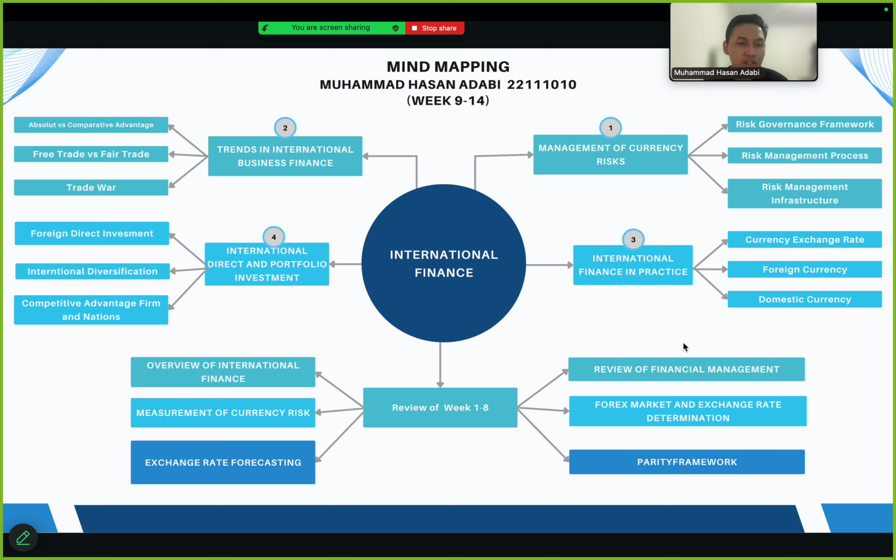So when we talk about competitive advantage, we must know that some nations or firms have their own advantage, either they create it or it is an established one. Germany is so famous for engineering, from the people, the government, and so on. So they have an advantage because they have good talent to run the company.